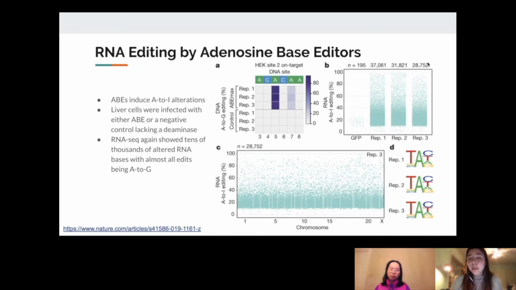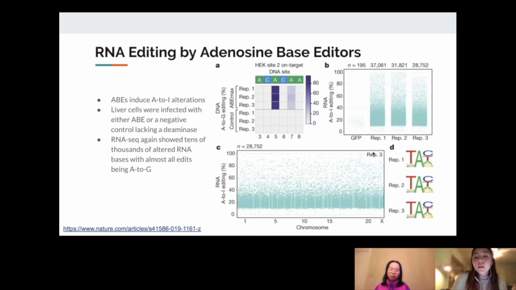And then if we look at part B, we can again see that cells that were transformed with plasmids that had only GFP, the control that did not include a deaminase, expressed very little RNA A to I editing, while all of the replicates of cells that were transformed with the ABEmax, which did contain the deaminase, experienced high levels of RNA A to I editing.